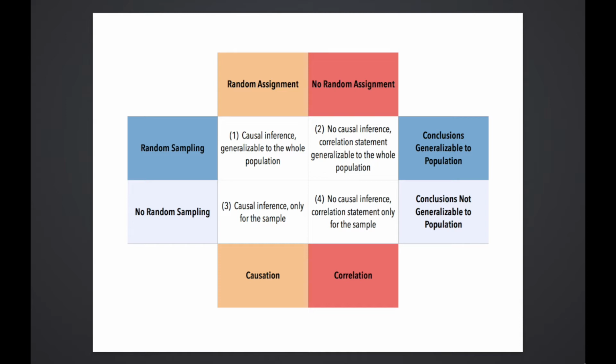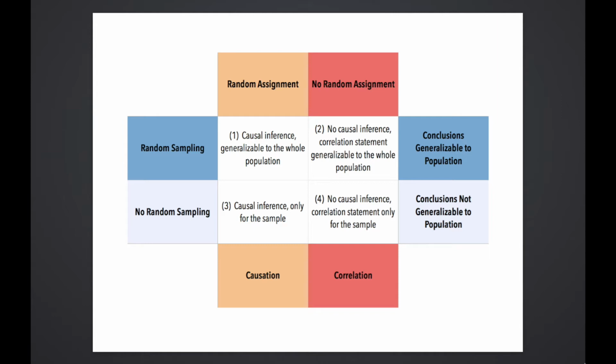So let's imagine that I'm thinking about a treatment like a particular exercise regime, and I want to know if people who exercise in this particular way are likely to have better health outcomes than people who don't exercise in this way. If I randomly assign people to treatment and control, then I sort of eliminate differences between those groups.